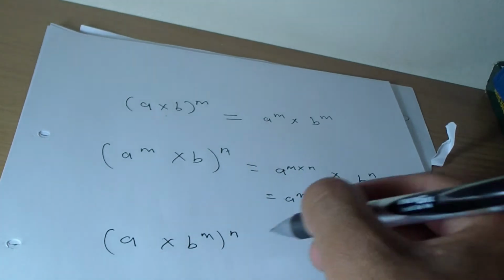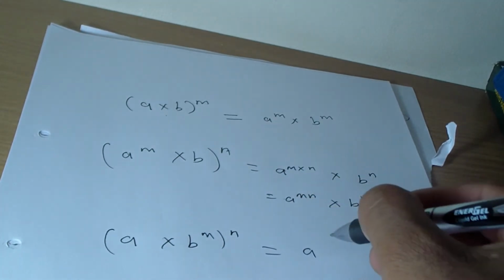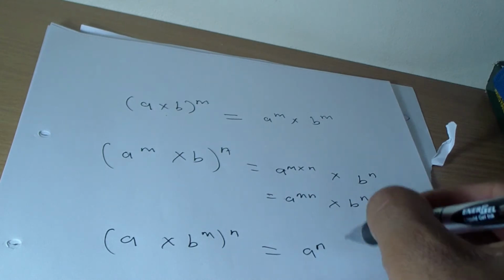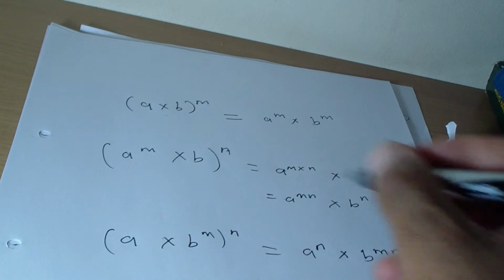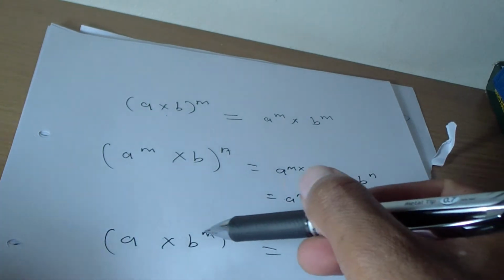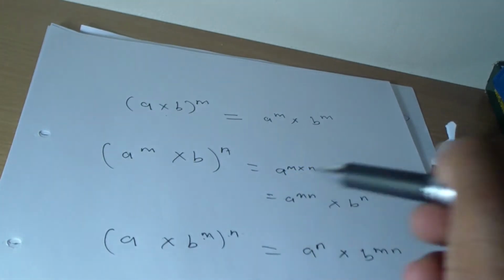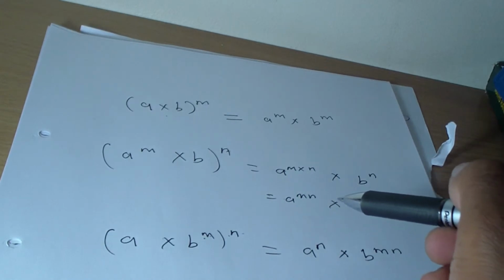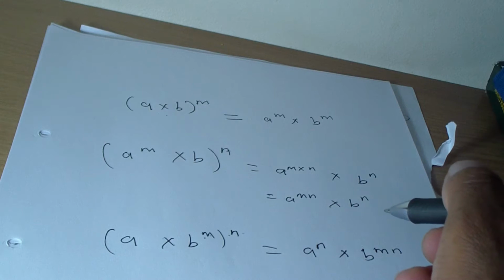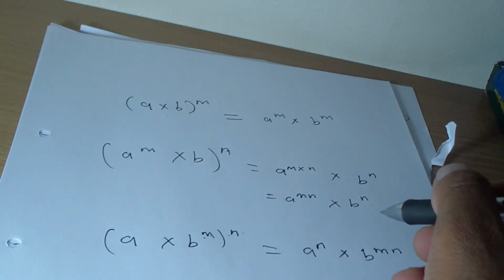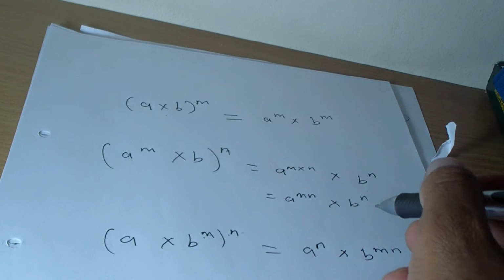Now I can rewrite this as a to the power n multiplied by b to the power mn, because b is raised to the power m, and now it's also raised to the power n, so we multiply the exponents there.